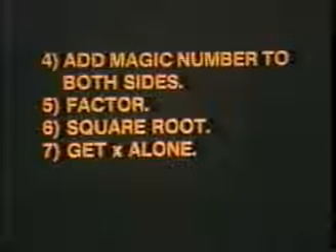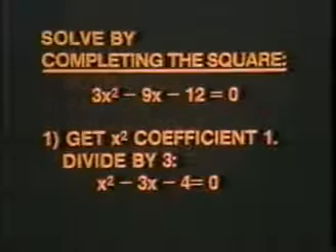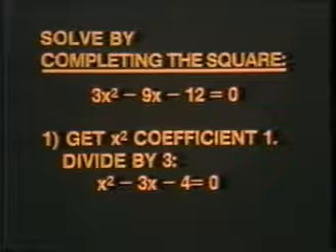Now we're going to use those steps, all of them, in solving a problem. This problem, 3x squared minus 9x minus 12 equals 0.